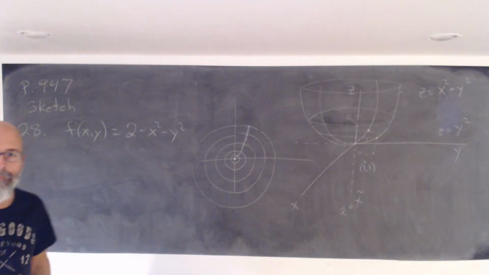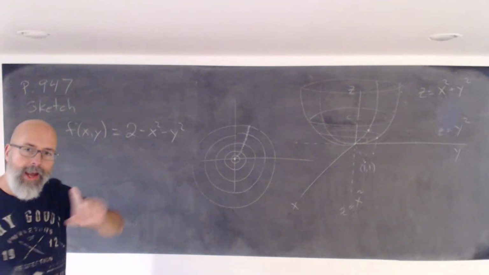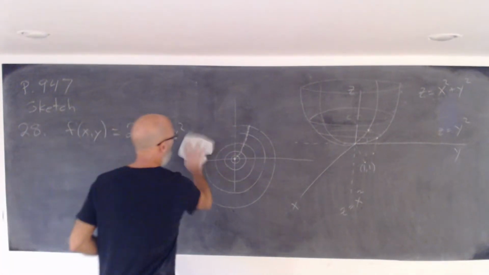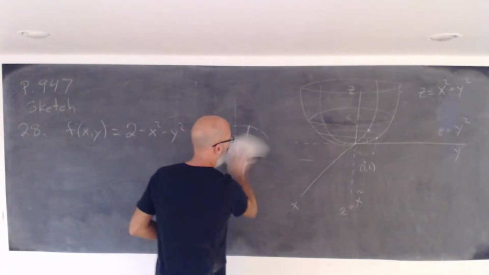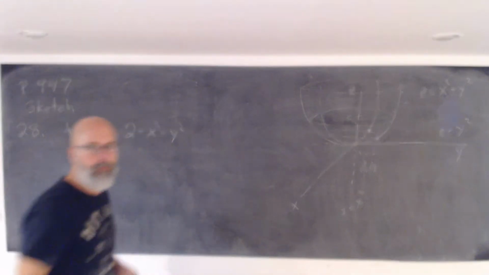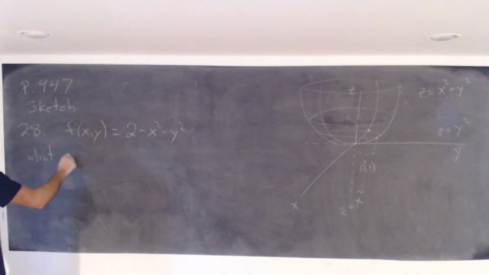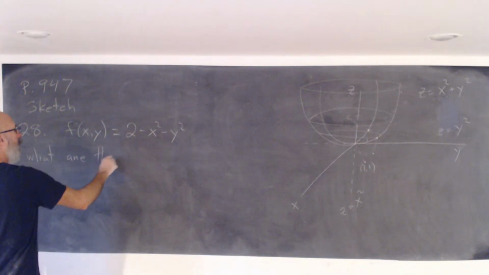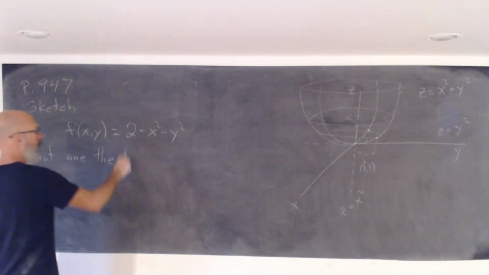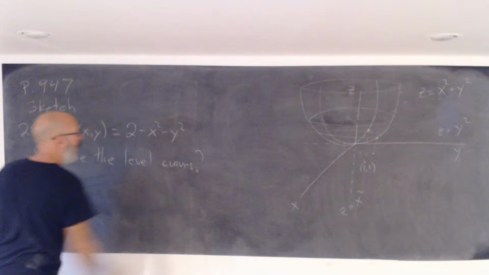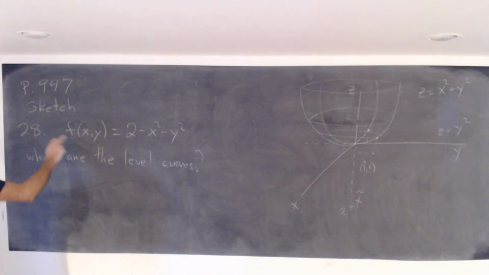Consider this. Let's start by asking the question, what are the level curves here? So this is the function z equals that.